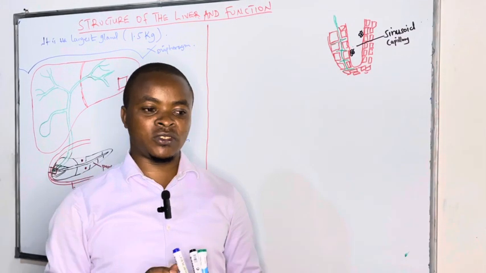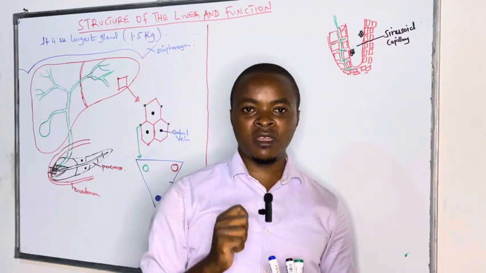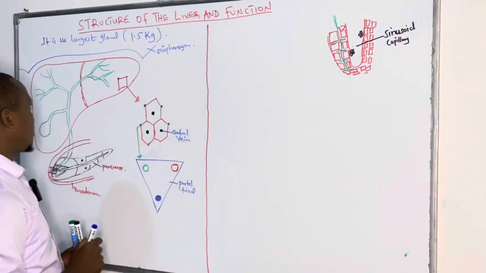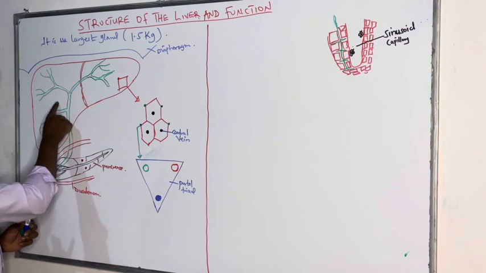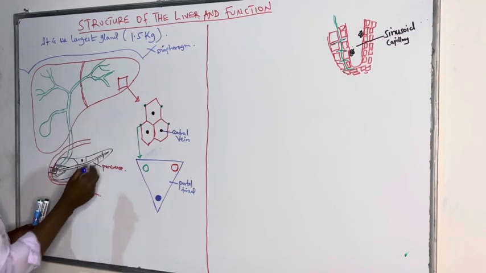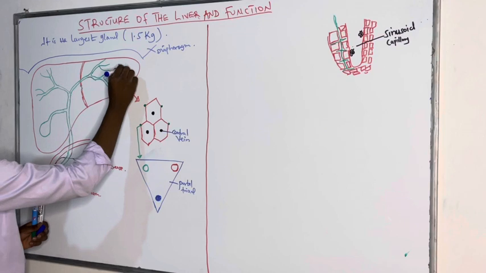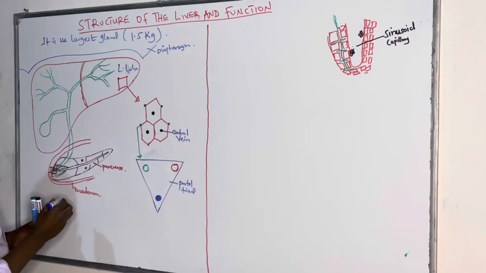And being the largest, we see it playing very important roles. This liver is divided into two lobes, the left lobe and the right lobe.